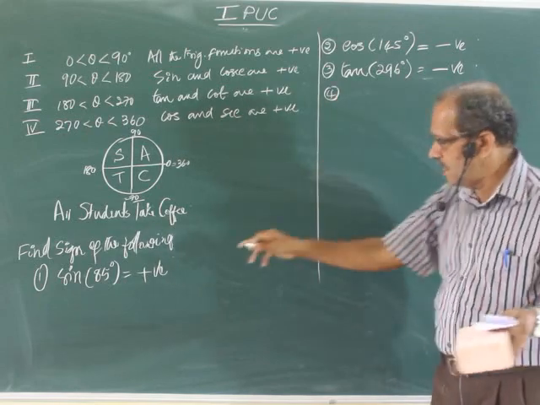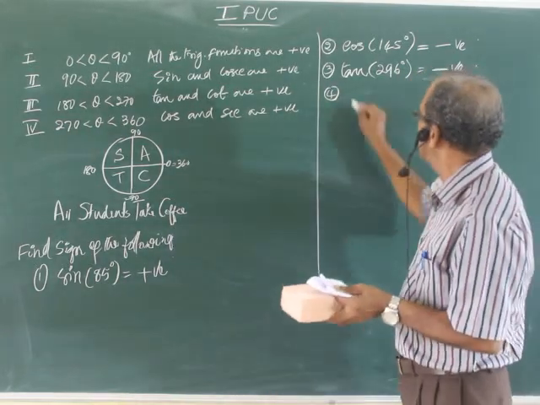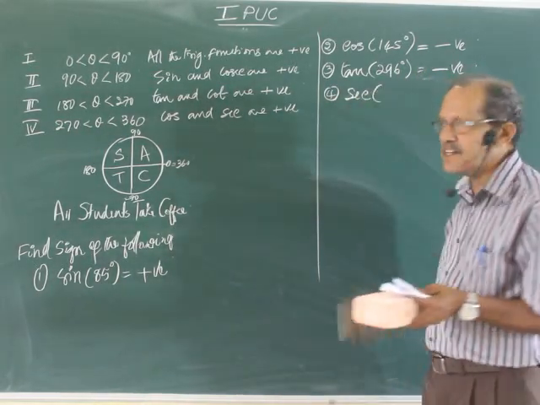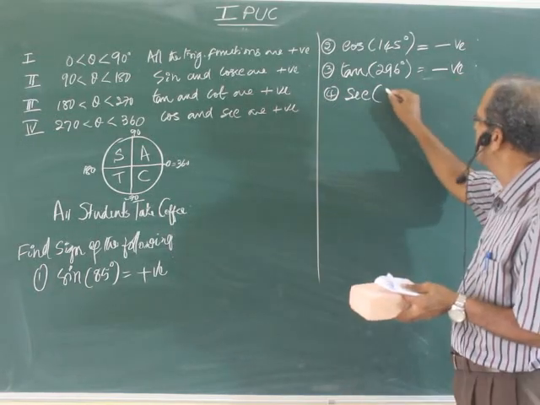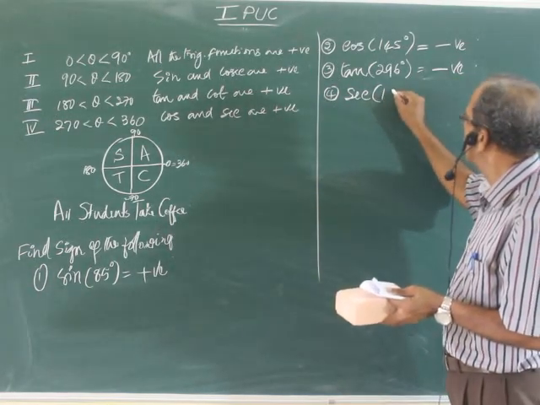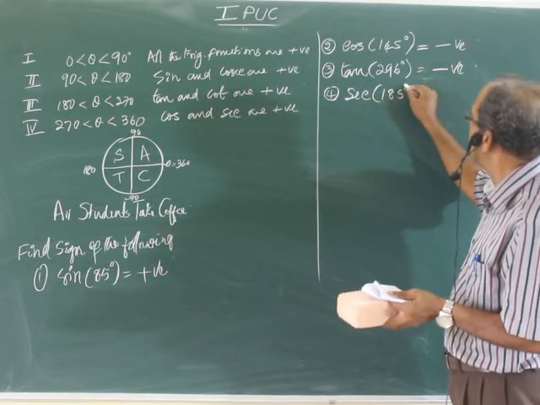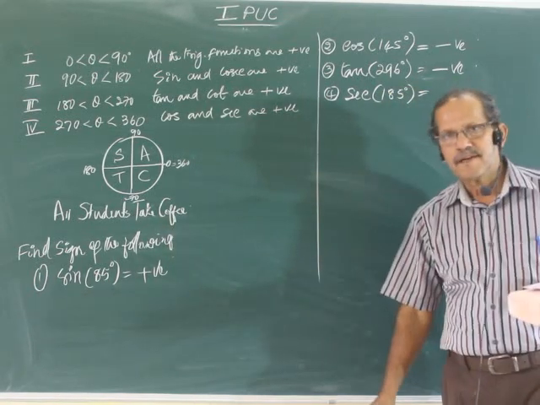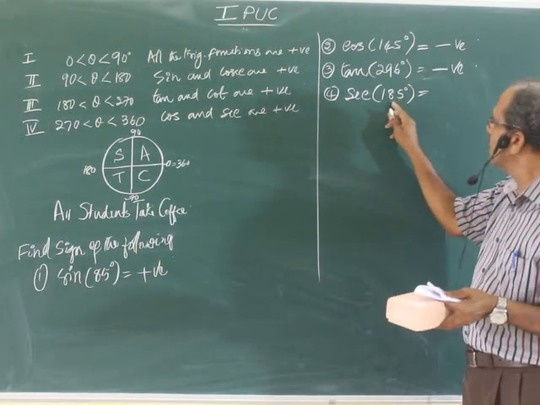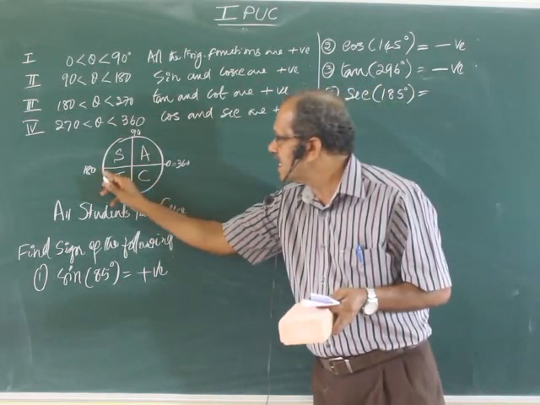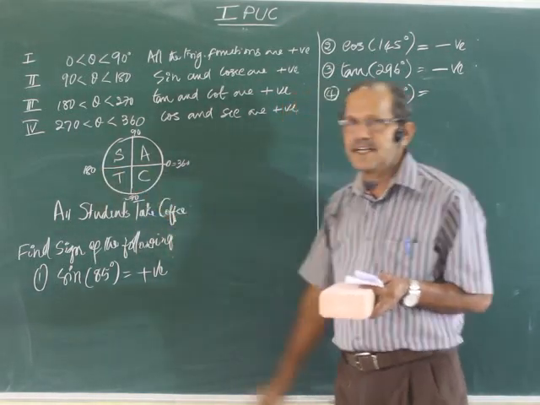Fourth one, I have only taken sine, cos, tan so far. Let me take secant of 185 degree. 185 is greater than 180, third quadrant.